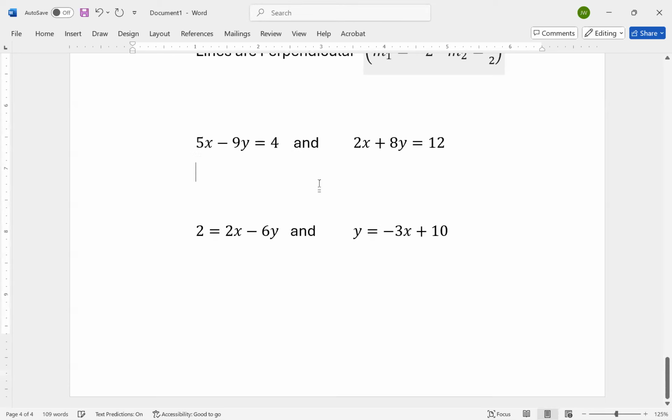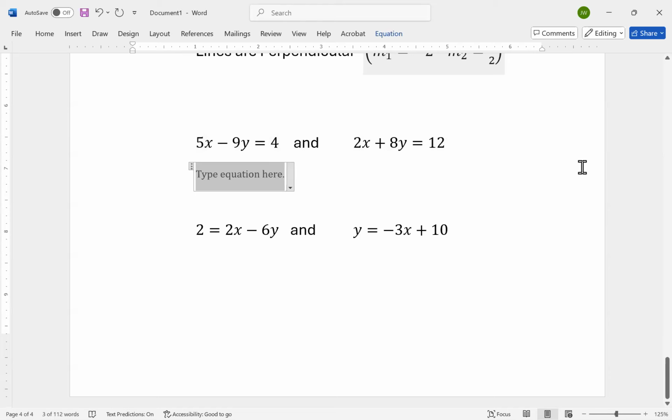In these cases, it's probably easiest if I just rewrite them both into slope-intercept form, and then I can easily get the slopes for each line. So if I rewrite this first one into slope-intercept form, I would subtract 5x from both sides.